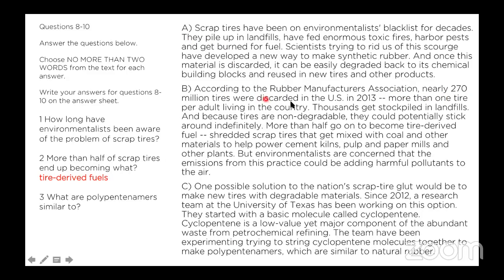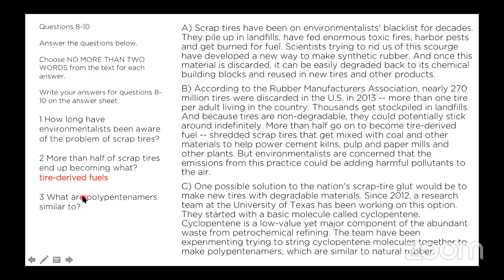More than 1 tire, no. Thousands, well, no. More than half go on to become tire-derived fuel. Excellent. Now it says no more than 2 words, but hyphenated words count as 1 word. So this is actually 2 words because this one is connected. So tire-derived fuel is the answer to that one there.